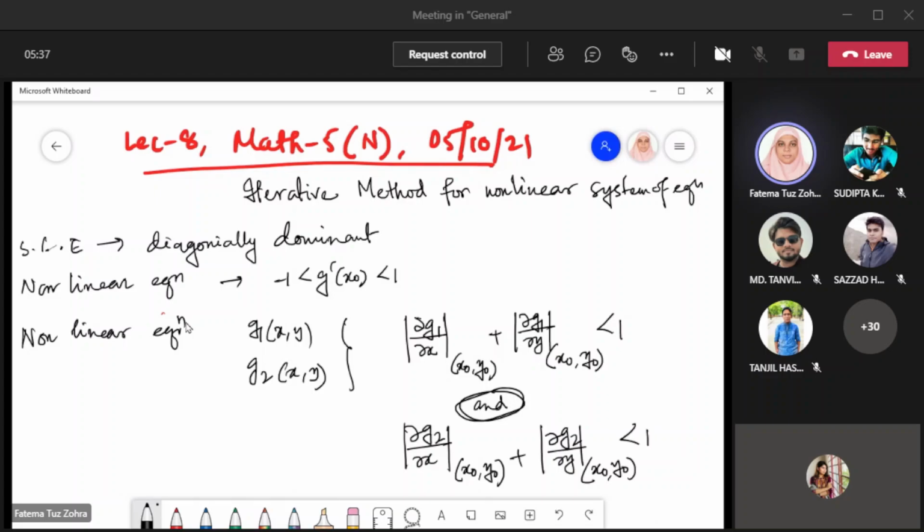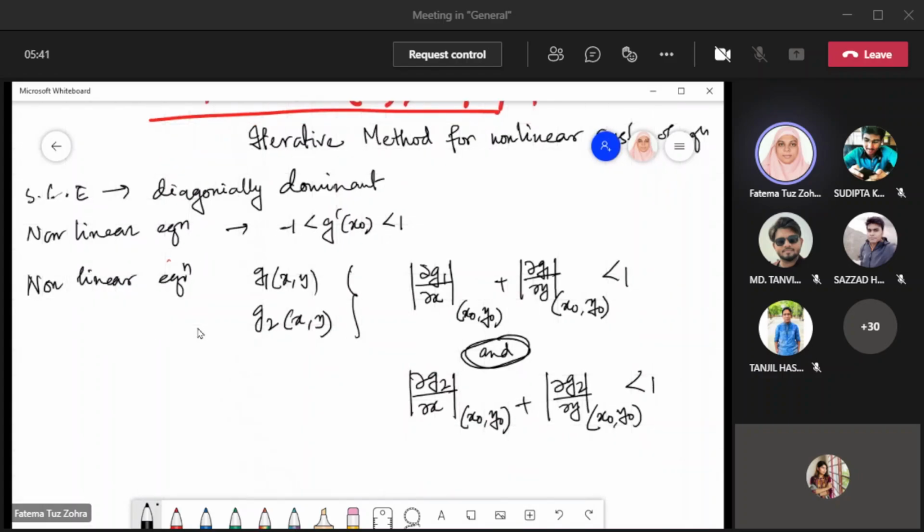If these two conditions are true for g1 and g2, then we can use these functions as iterative formulas.